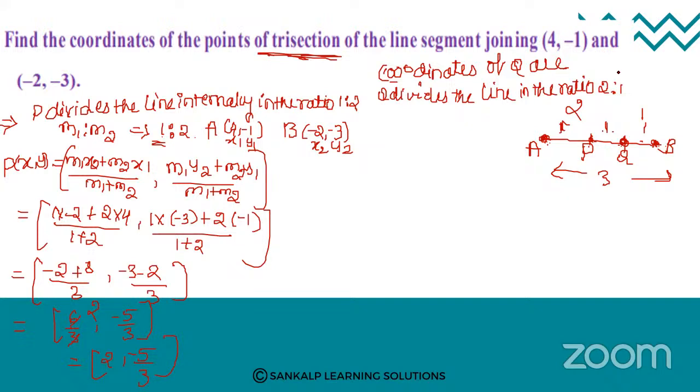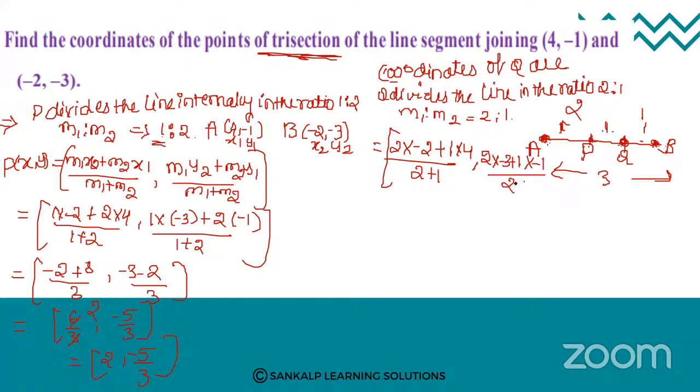2:1. So now M1 is to M2 is 2:1. By applying the section formula, you will get M1 x2, so M1 value is 2, x2 value is -2, plus M2 value 1, x1 value is 4 here, divided by 2 plus 1. Like that, M1 y2, M1 is 2, y2 value is -3, plus M2 y1, M2 is 1, y1 value is -1, divided by 2 plus 1.